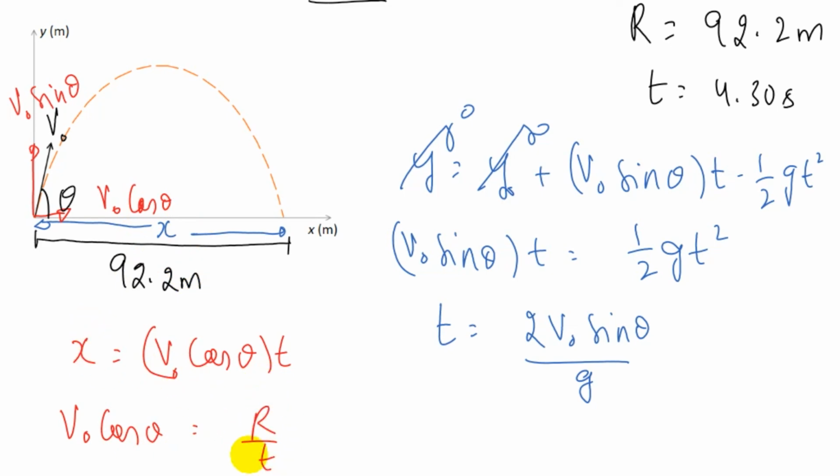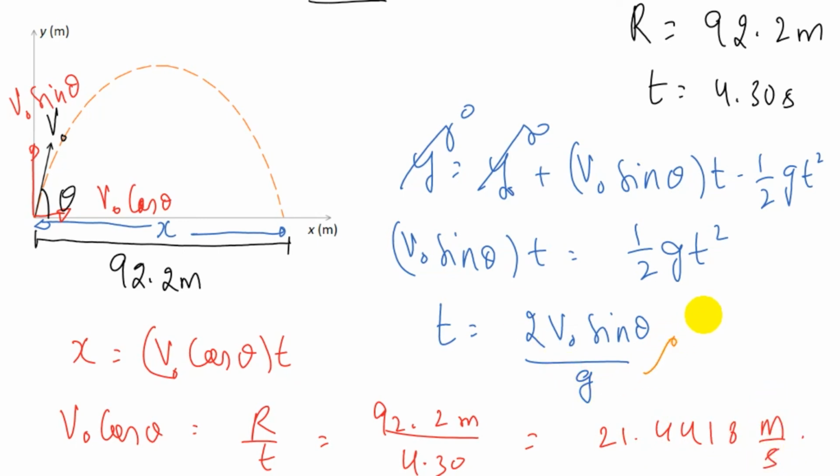We have the value of r, we have the value of t, so that is 92.2 meters divided by 4.30 seconds, which equals 21.4418 meters per second. Now from the other equation we can write that v0 sine theta equals t g divided by 2.